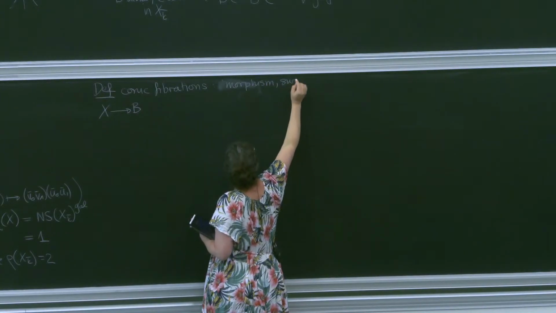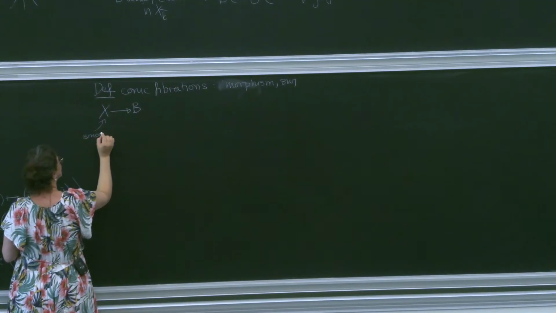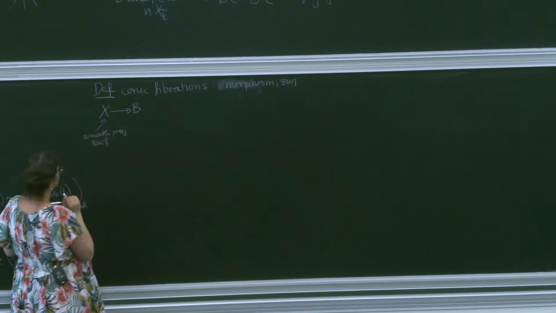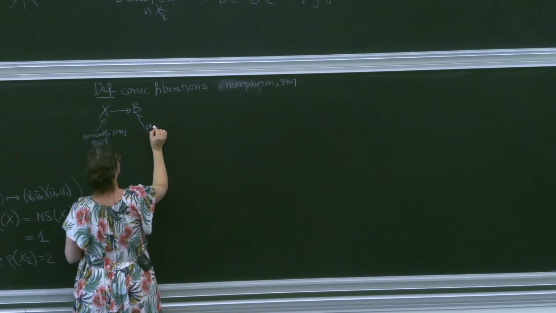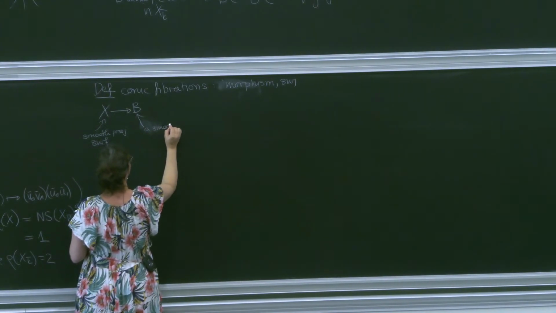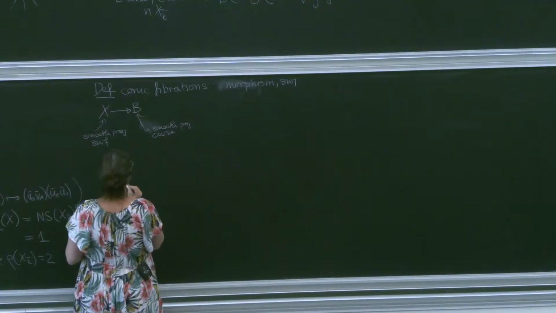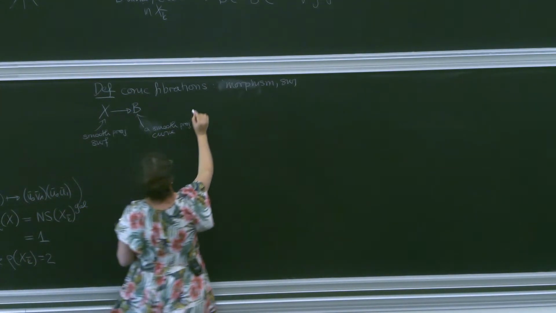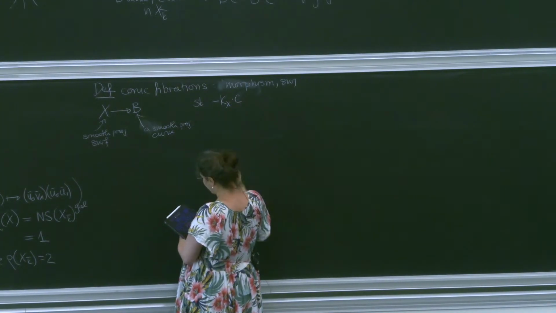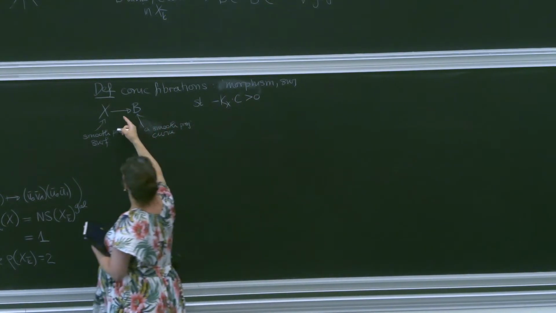That is surjective between a smooth projective surface X and B, a smooth curve, such that the anticanonical divisor intersects positively any curve that is contracted by this morphism.